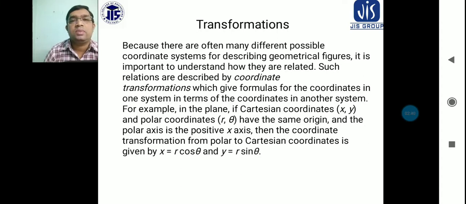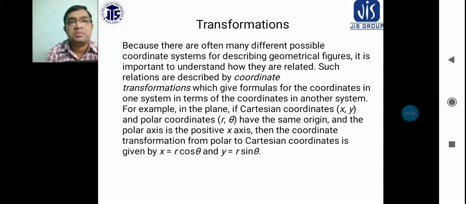You have to put in the theta value, and this transformation is also done in physics and in our mathematical considerations, like your previous classes also. And y equals r sin theta.